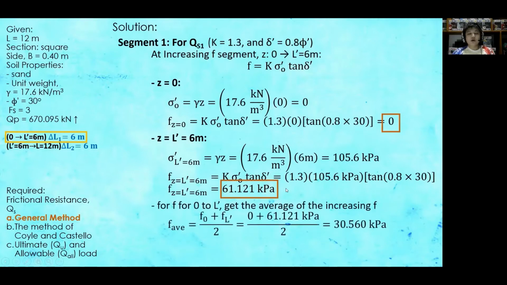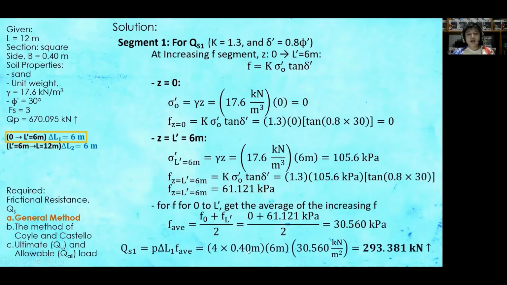So for this increasing F segment, that is for 0 to L prime, we get the average. So our F average is equal to F sub 0, which is 0, plus F sub L prime, which is 61.121 kilopascals.